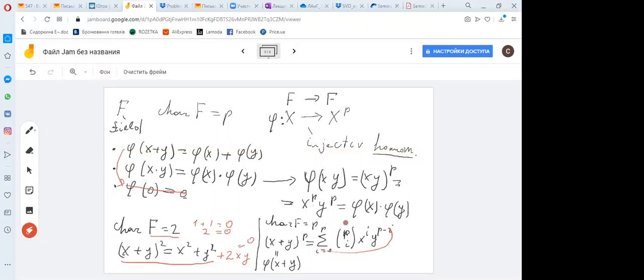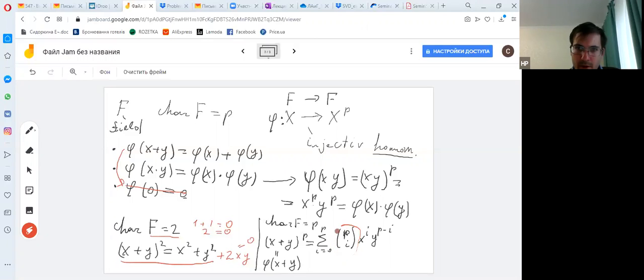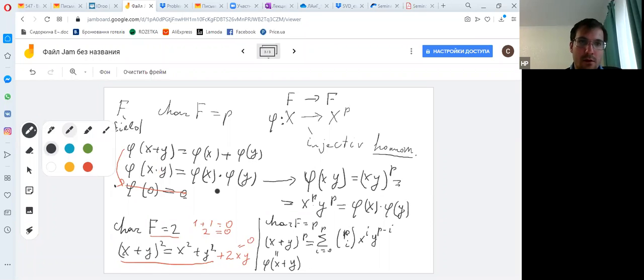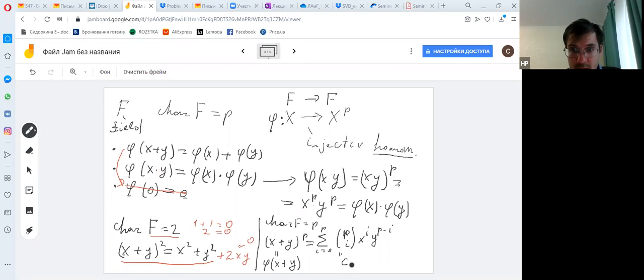No. Do you know what the binomial coefficients are? No. Maybe it is more convenient to use the Russian notation, this is C from n to i. There was no such formula.